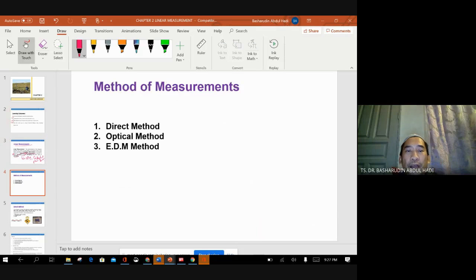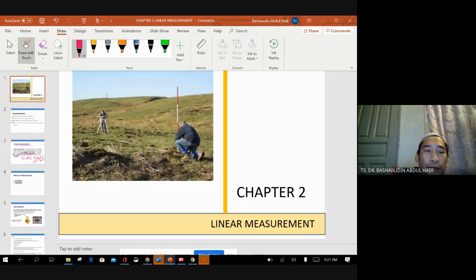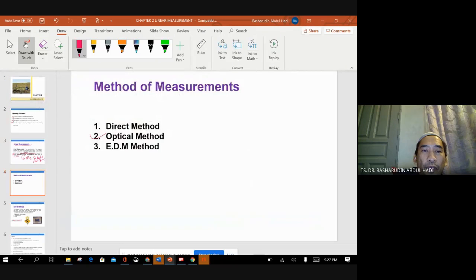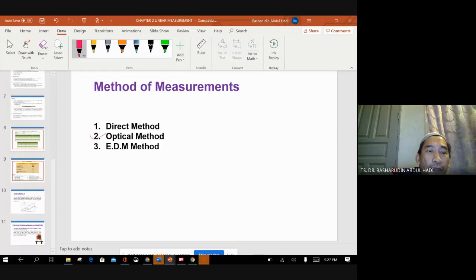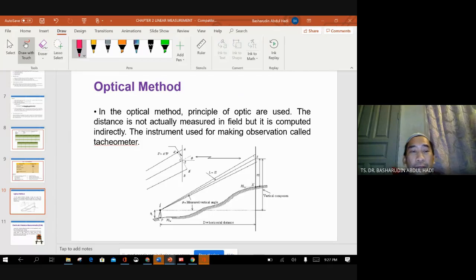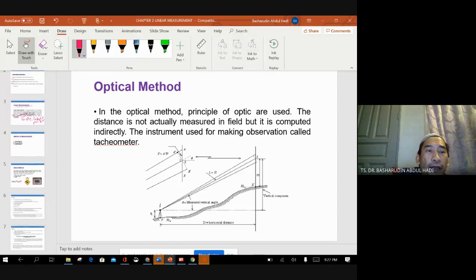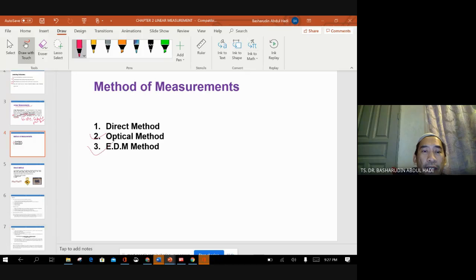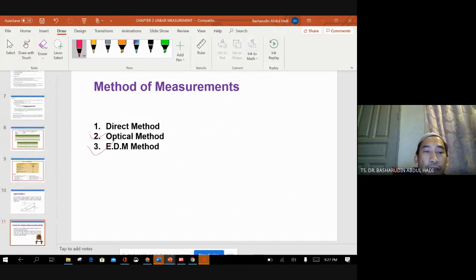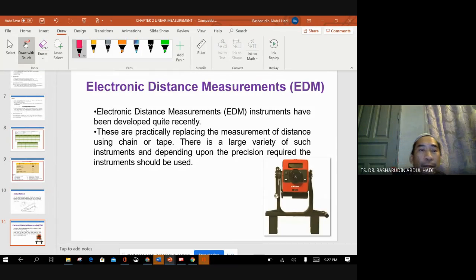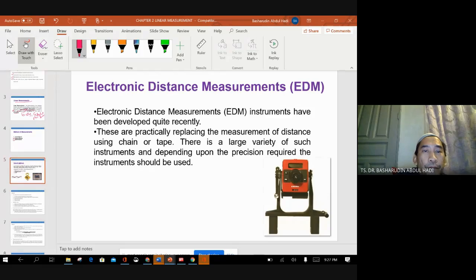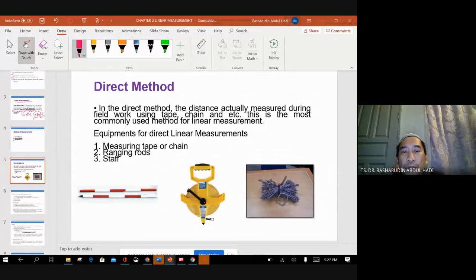So we have the direct method, using a tape. Number 2, we have the optical method. And number 3 is the EDM method, or we call it total station. The direct method is using a tape or using a chain survey.